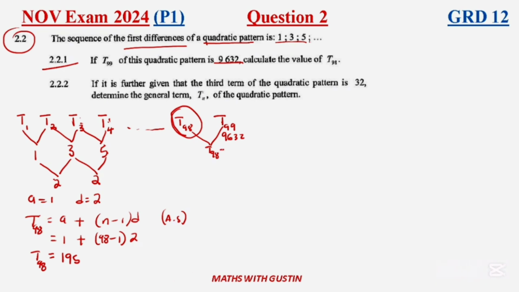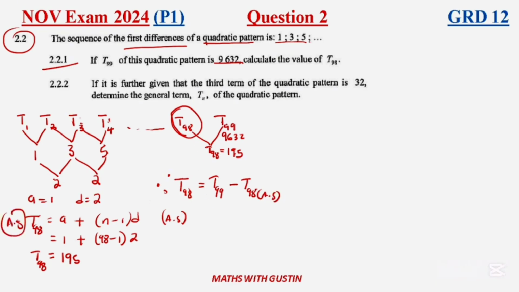So it means it is 195 for arithmetic. So what do you do with that 195? To go backwards here, you need to minus this 195. So you're going to come here and say therefore T98 for quadratic is going to be equal to T99 for quadratic minus T98 from arithmetic, the one we just calculated now, the one for arithmetic, guys. Don't forget.